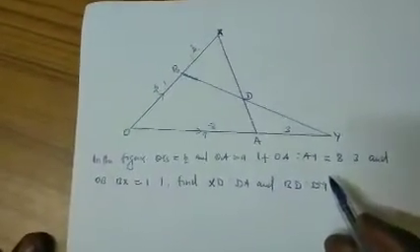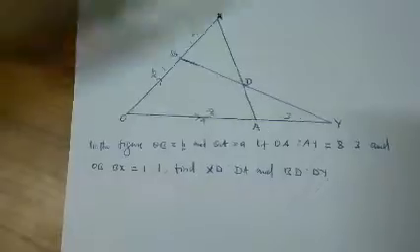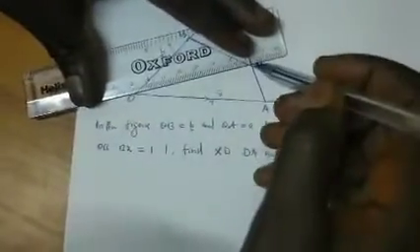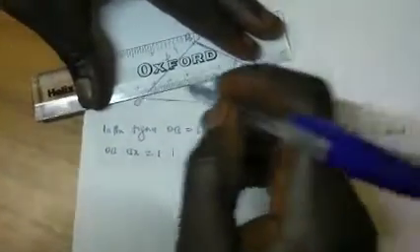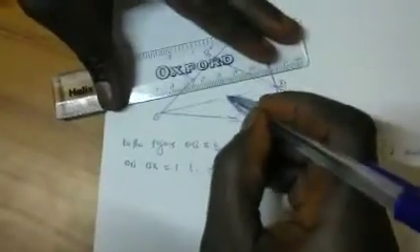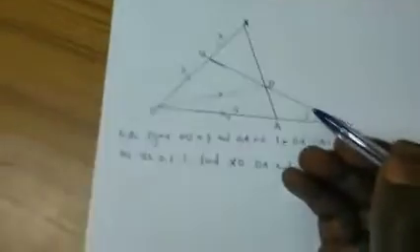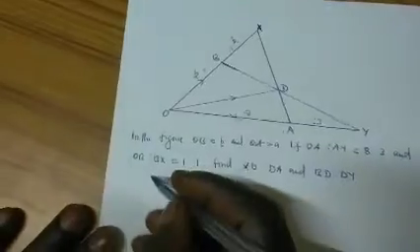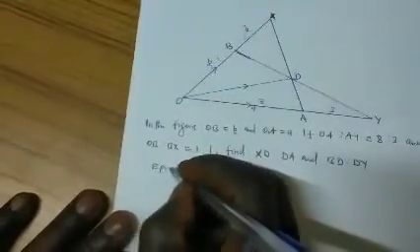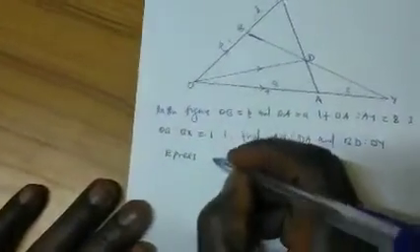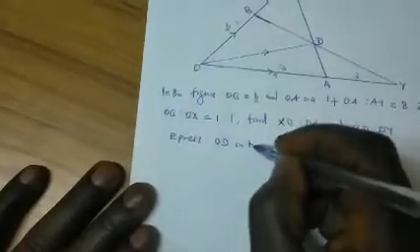So the first thing we need to do is get the vector OD and express it in two ways.